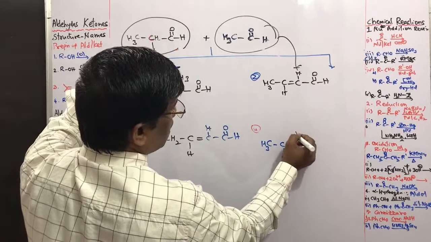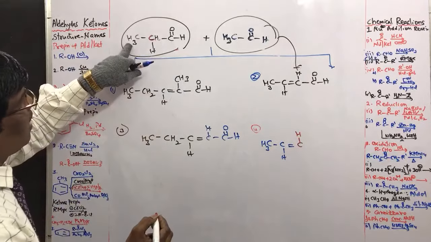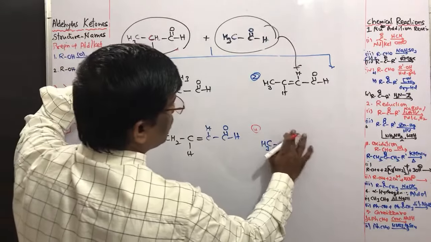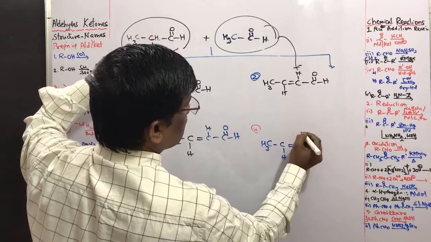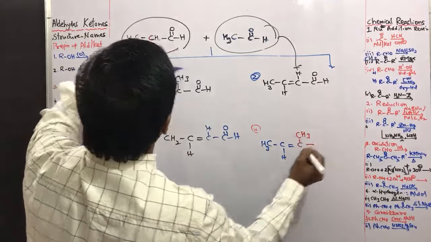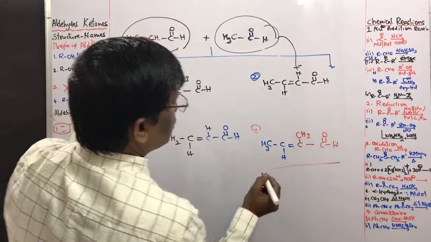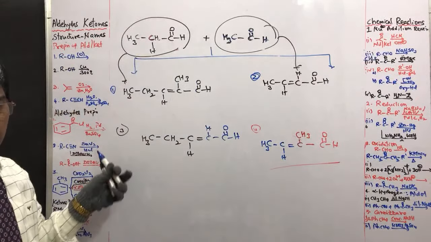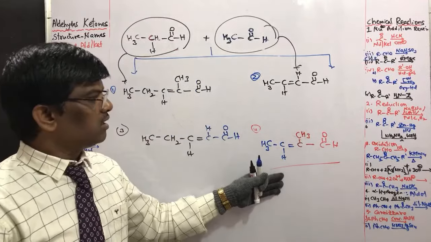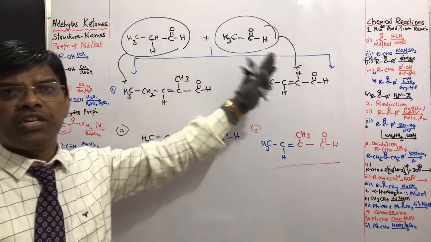This carbon hydrogen is already attached to a methyl group. Now this aldehyde is going to be intact. So this is how you are going to get four different products, a mixture of products.